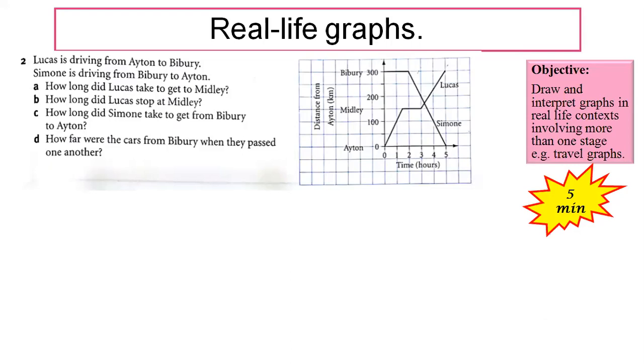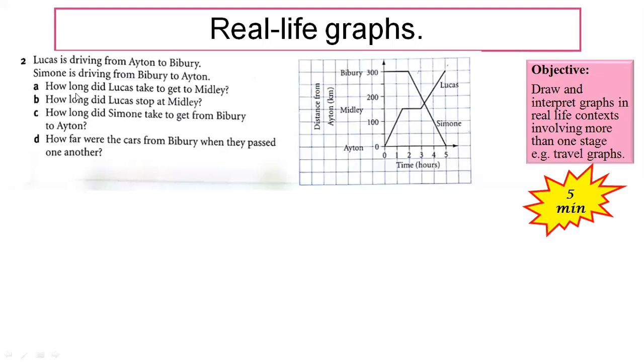In A, it's 2 hours, not an hour and a half. Where? Part A? Yes. Why 2 hours? Because he started from Bibury and the line is at Bibury. No, we're talking about Lucas in part A. This is the line that's related to Lucas.